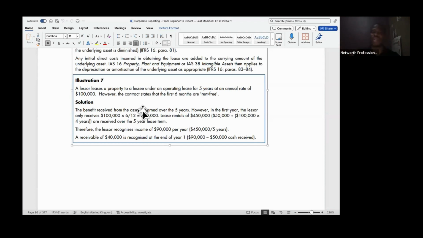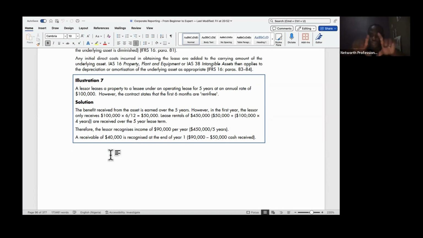That's how you do it every time in the exam. It's straightforward: just recognize rent to P&L every year on a straight line basis, an equal amount every year. So the examiner will tell you that the guy gave them a discount of 10%, or they gave them 6 months rent free, so that one of the years will not show a balance, right?